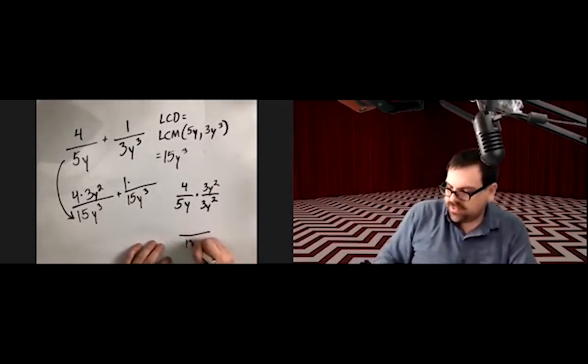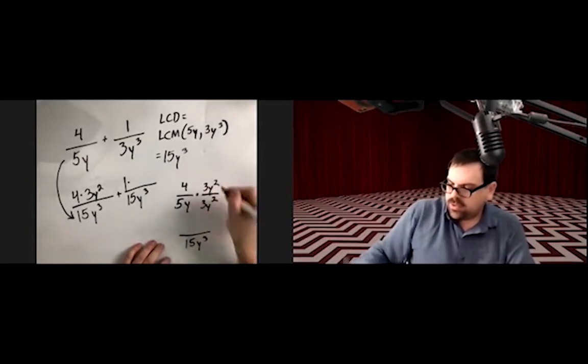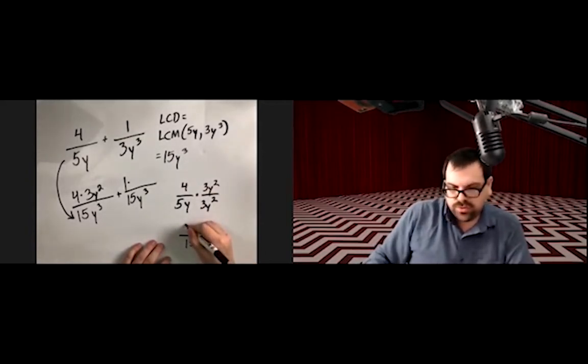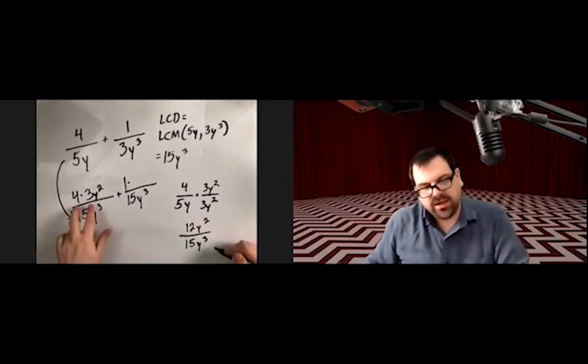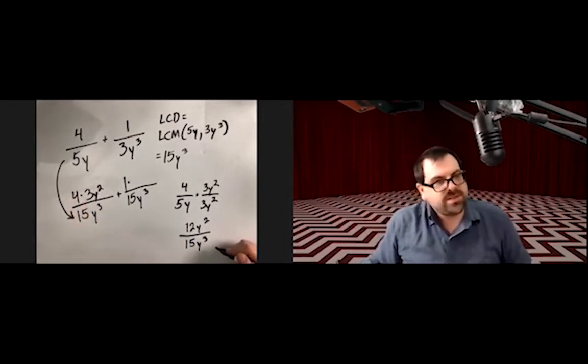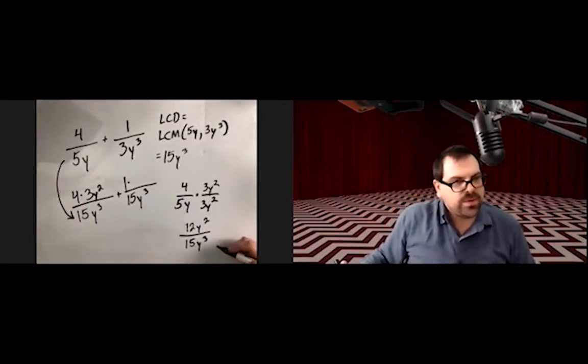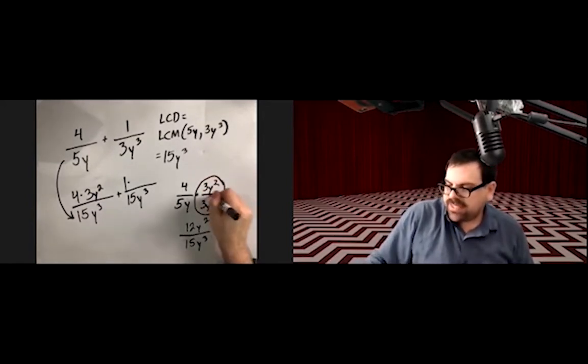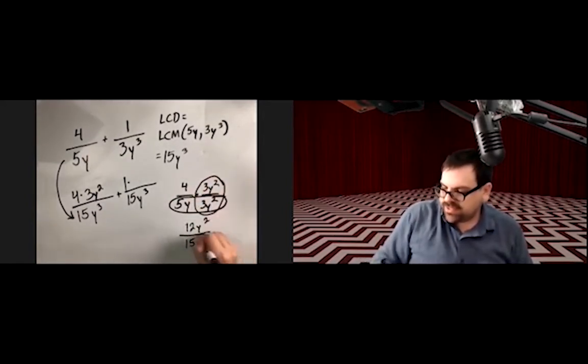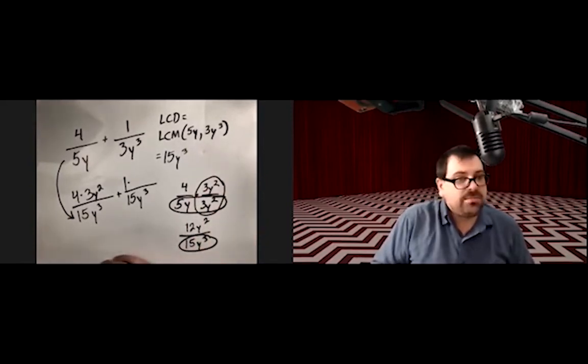That gives us 12y squared over 15y cubed. And that's what we're going to get here. The 4 times 3 gives us the 12y squared. So it's because we're multiplying by a form of 1 that is designed to give us the common denominator we want.